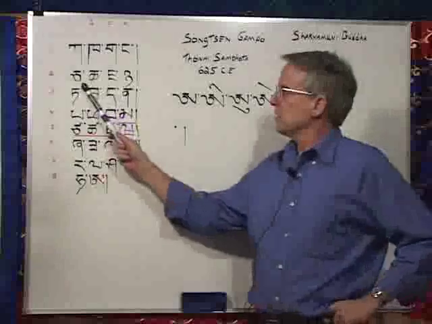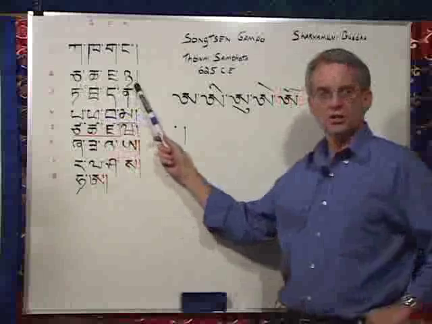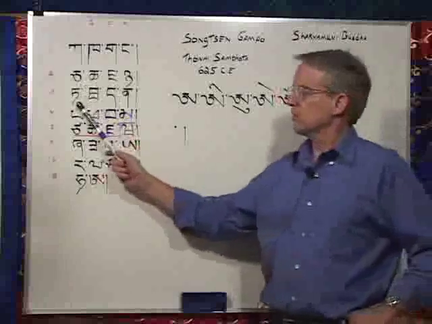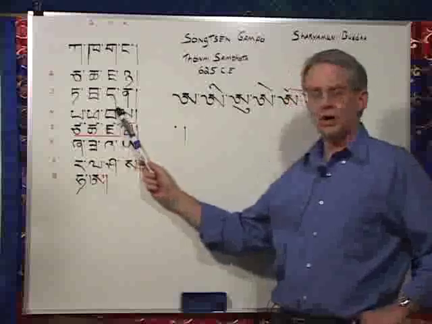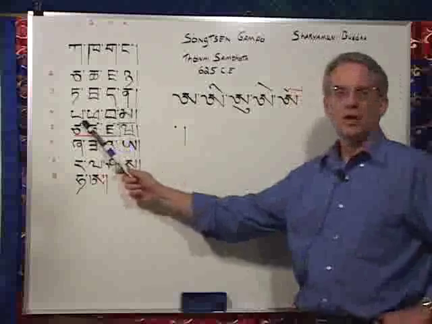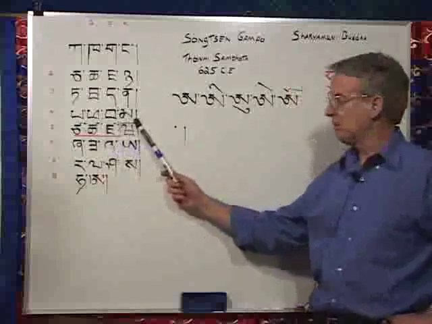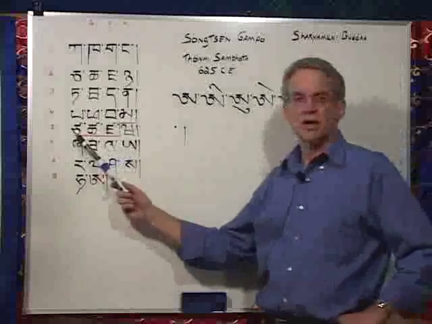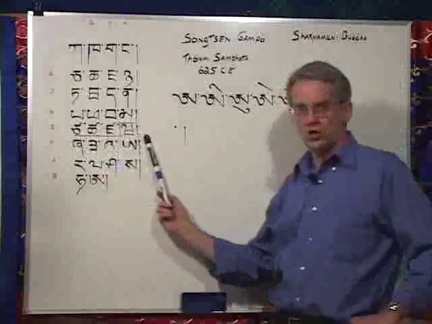So we have cha, cha, ja, nya. In the third row, ta, ta, da, na. In the fourth row, pa, pa, ba, ma. And then in the fifth row, tsa, tsa, za, wa.